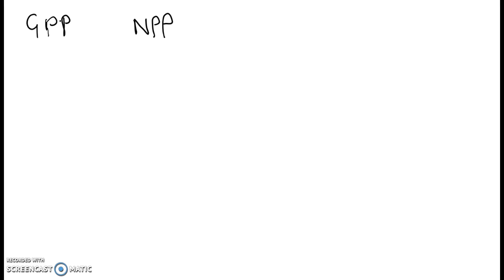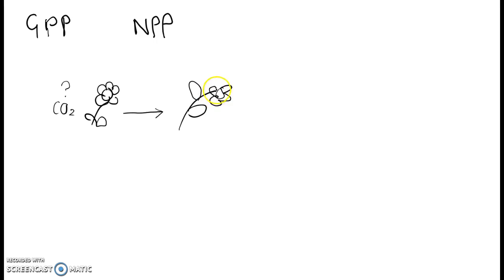So for these, here we've got a plant, and I can measure its mass at time 1, and I don't know how much CO2 has gone in there. So when I measure it again, and it's grown some bigger leaves, another flower, maybe it's grown some more leaves.